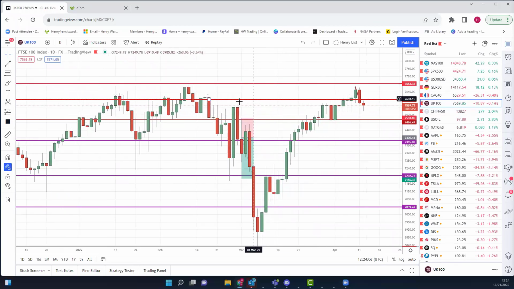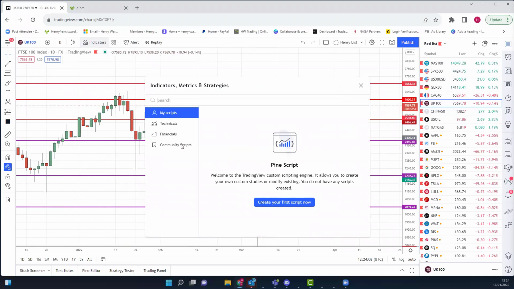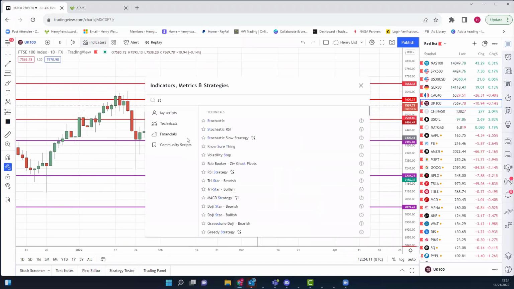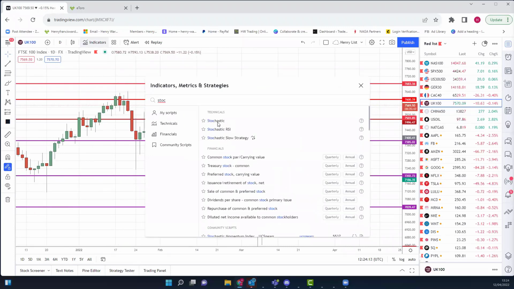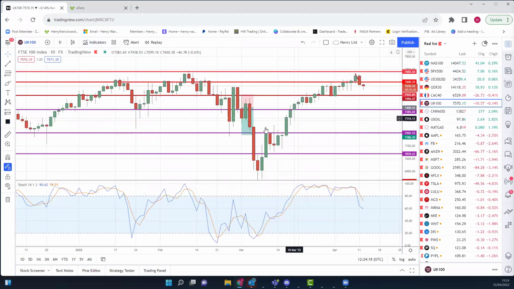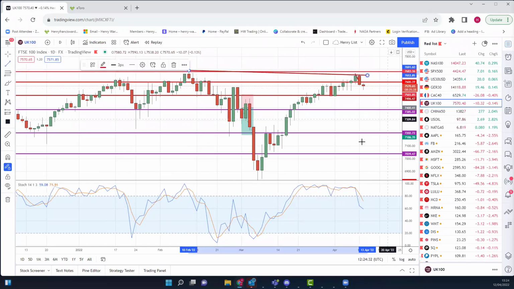Someone said there's divergence on the stochastic. So let's have a quick look. And we have the high from there to there going down, with the high from there to there going down.